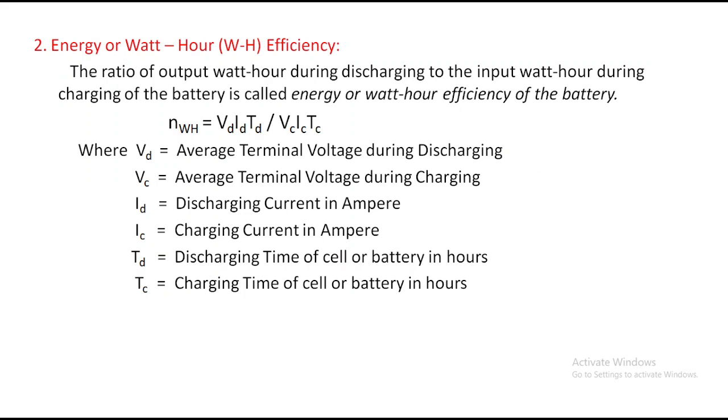Next, we have another efficiency, called energy or watt hour efficiency. What is the formula for energy? Energy is power into time. Power units are watts, time units are generally seconds or hours, depending on requirement. Here we are using hours, so watt into hour is called energy.